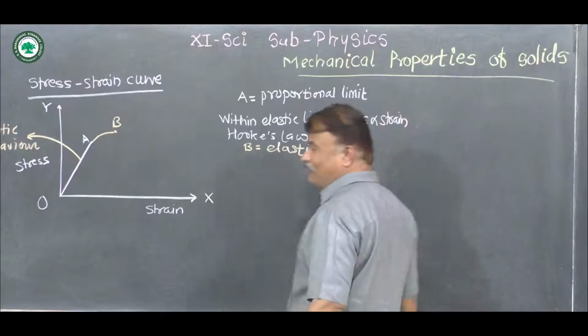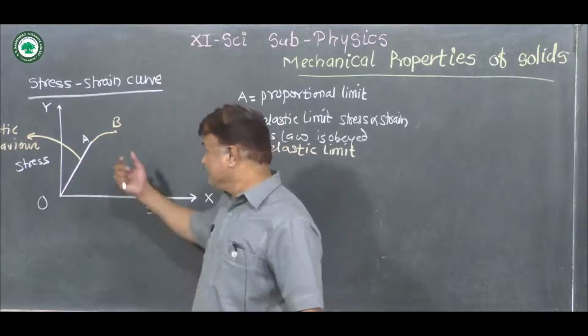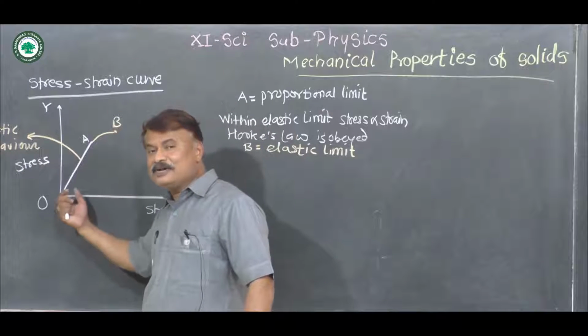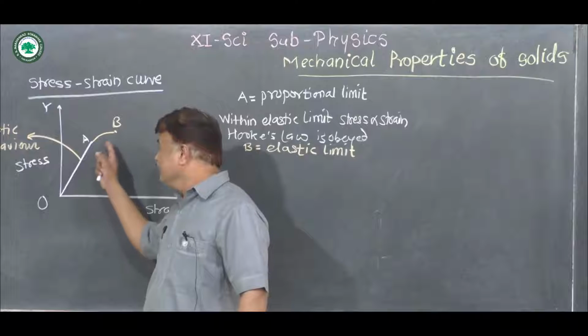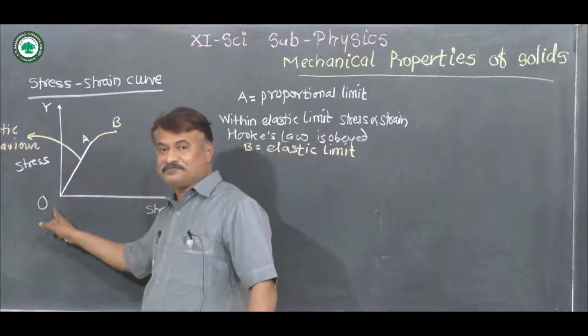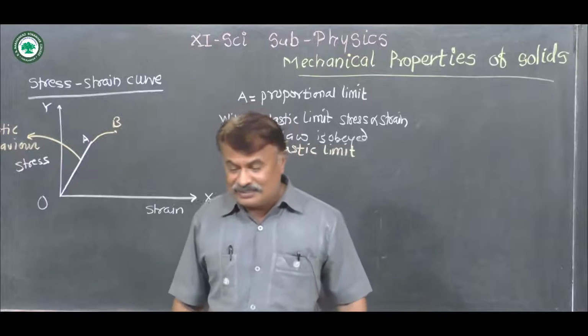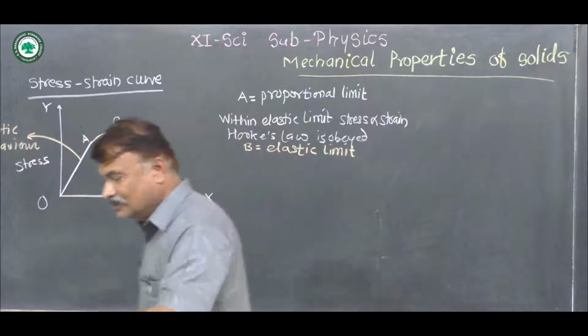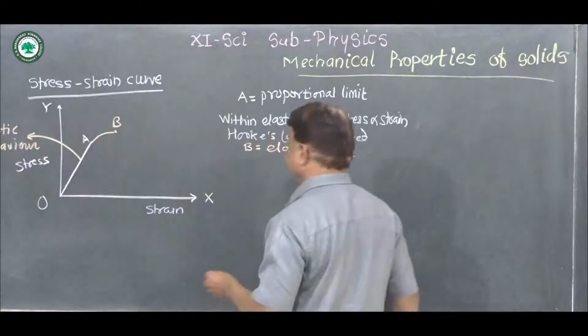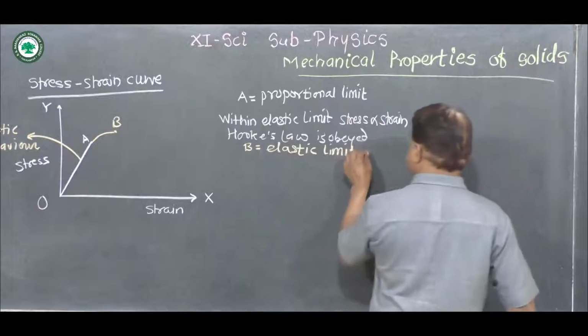Within elastic limit, what happens? If we decrease the load in step of 500 gram, then wire regains its original dimension, and therefore this point B is called as elastic point.